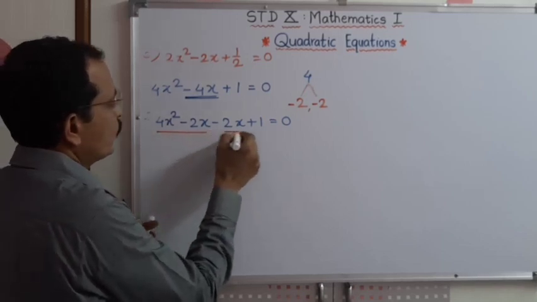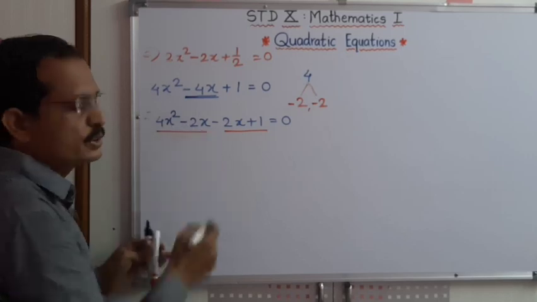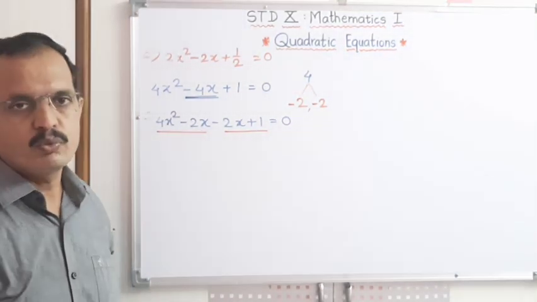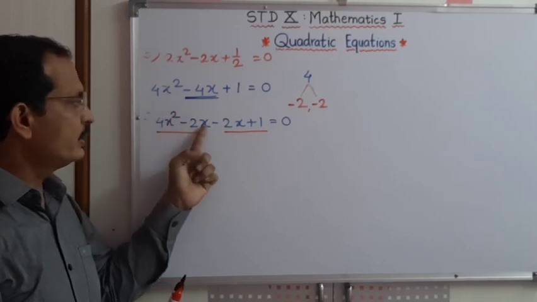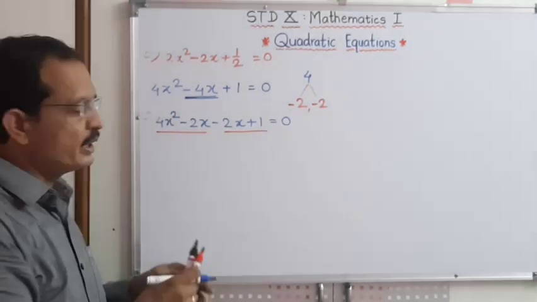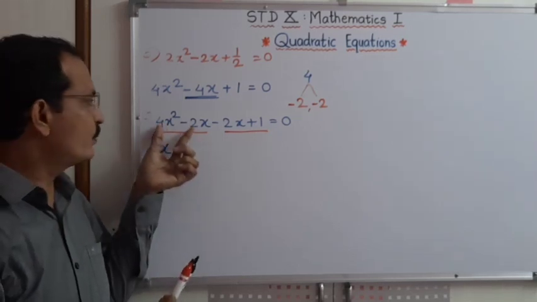Make the group of these two. Here it is 4x square minus 2x. Now first of all, see the variable, it is x square and x raised to 1, the minimum index is x. After that, see the coefficient.